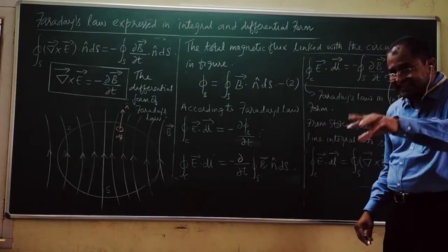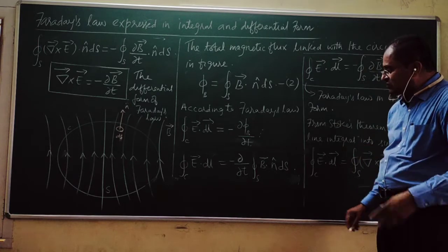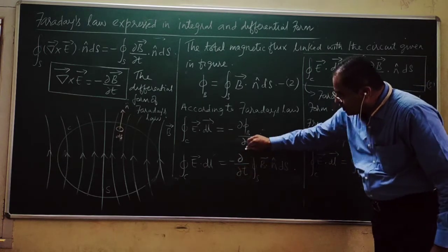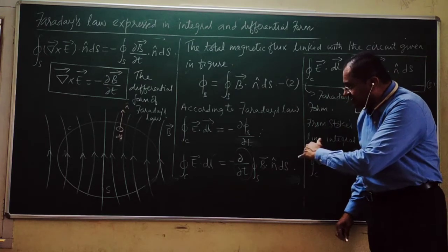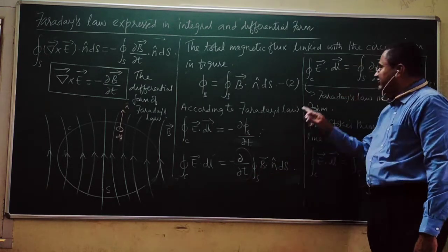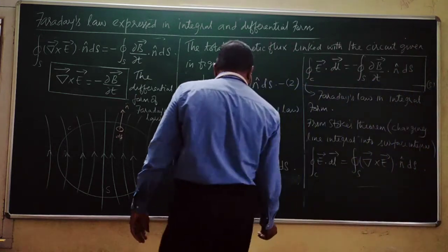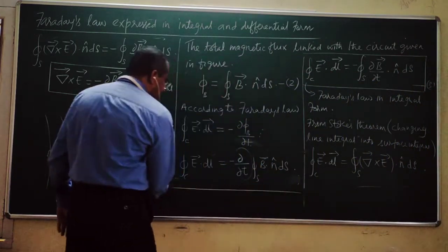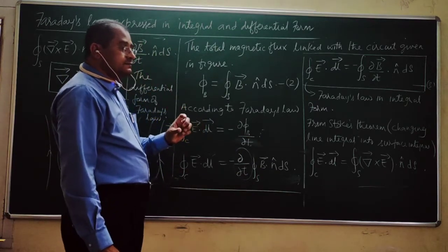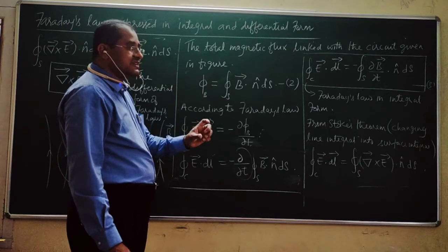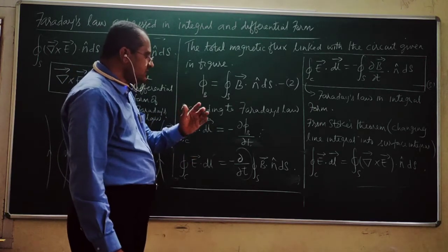If we take the second case, where the magnetic field is changing with respect to time, then dou by dou T has to be taken inside the integral sign, it becomes a variable, therefore I have taken it inside. The circuit is remaining constant.